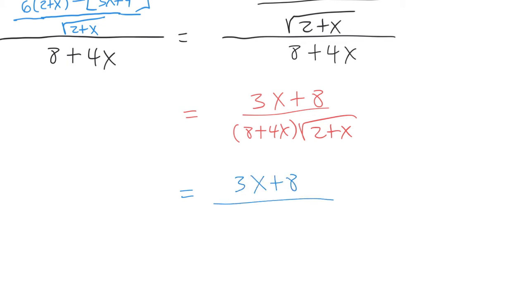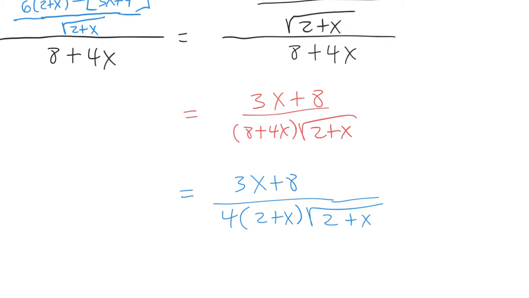For example, even though we had distributed earlier to get 8 plus 4x, it might be worth checking to see what happens if you factor out a 4. So it would become 4 times 2 plus x, and that is still being multiplied to radical 2 plus x.